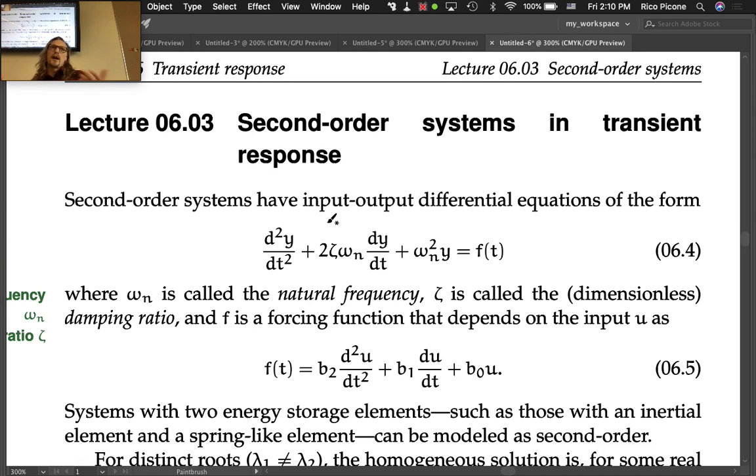There were other types of singularity inputs that we didn't look at in depth, like the unit impulse function and the ramp function, but they have similarly pedestrian responses. They just kind of decay to new values mostly. So those are first order systems, and now we're going to do second order systems.